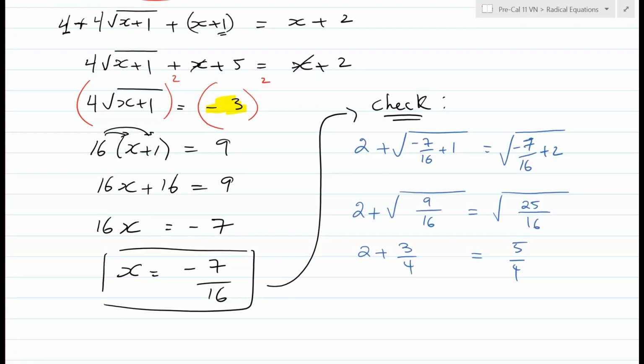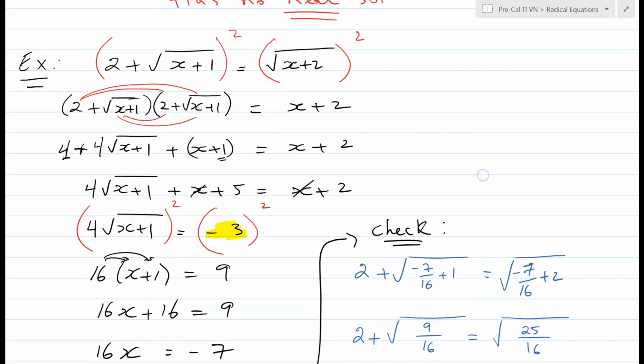So when you check, you plug -7/16 back into the original equation, the one without the squares.